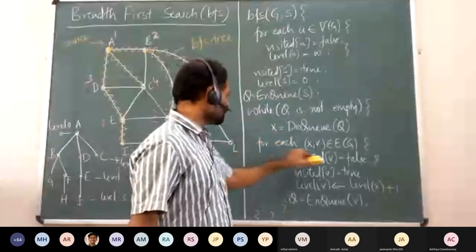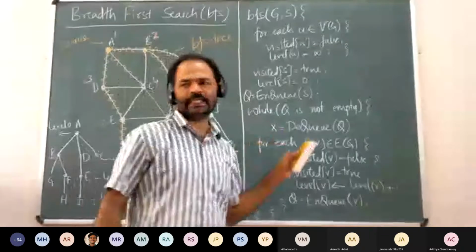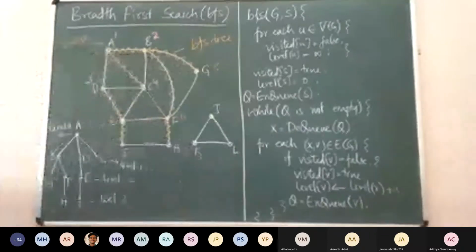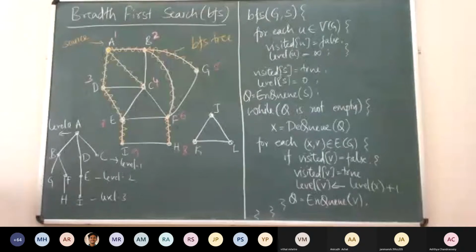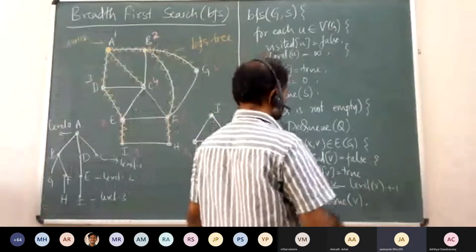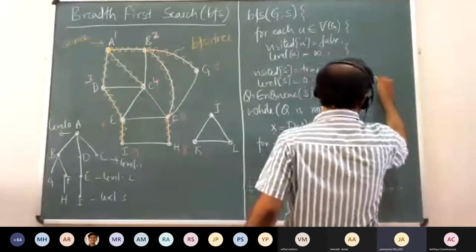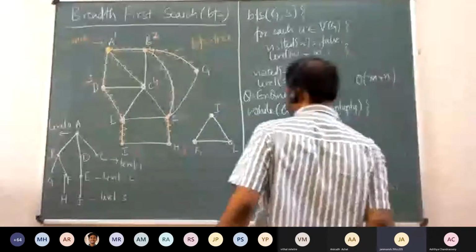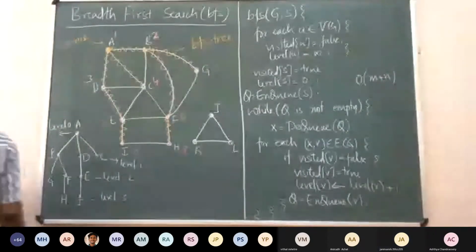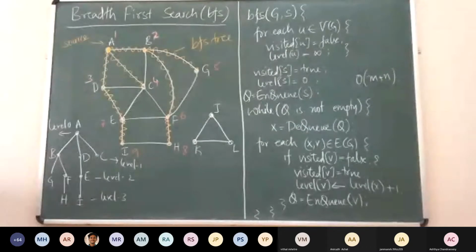This instruction, the check of the visited flag, whether it is true or false, is done for each edge, which means it is the sum of degrees of any vertex x in the graph, which would amount to twice the number of edges, which is order of m plus n. Just like what we did for depth first search. So that is the time complexity.